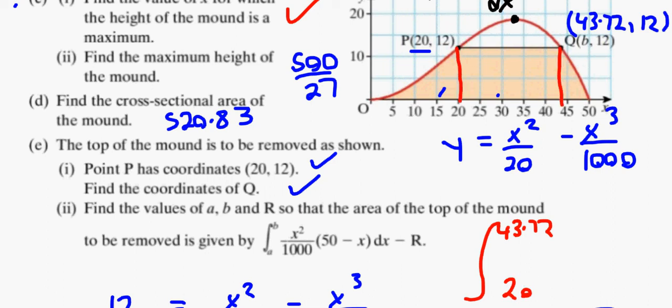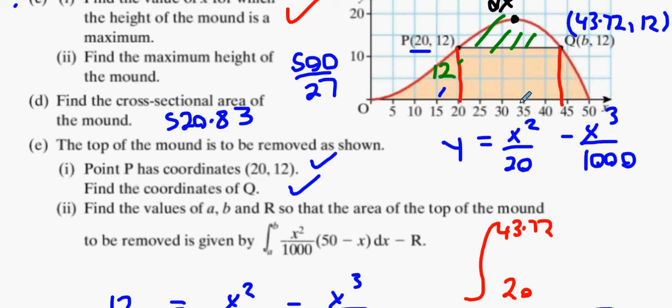Anybody? Would everybody agree I got that green area there? What happens if I take away the area of the rectangle? What will be left over? If I take away the area of the rectangle, you'd be only left with the area on the top. What is the height of that rectangle? 12.